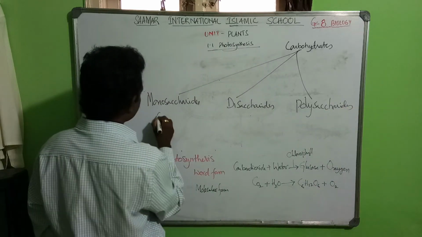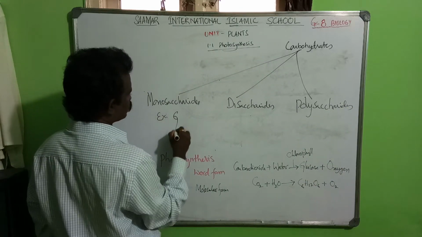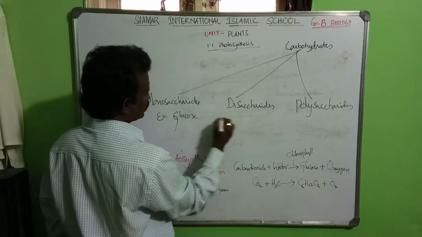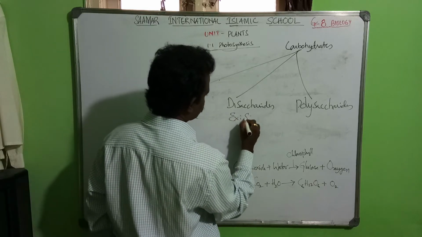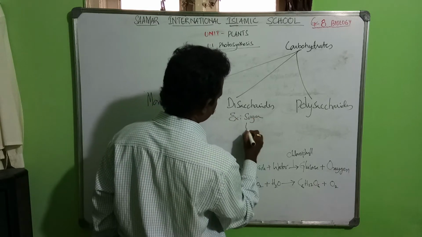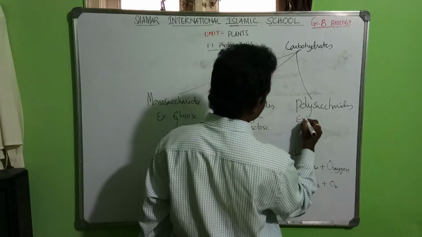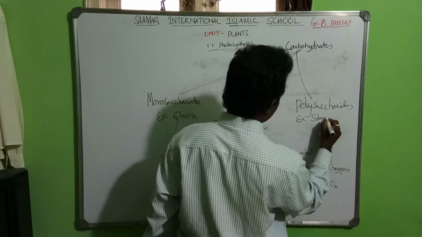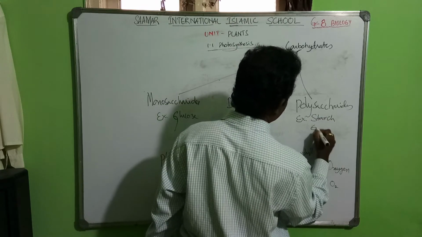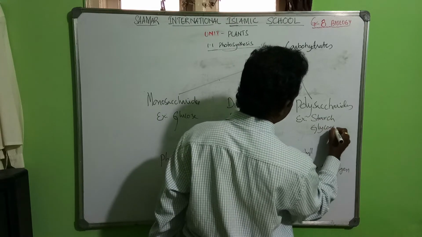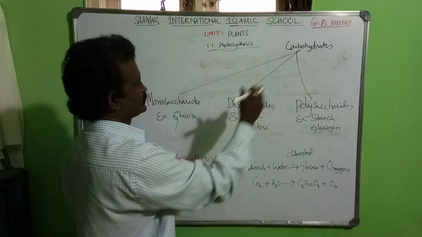Now, can you give me an example? Monosaccharide is glucose, disaccharide is sugar or lactose, and polysaccharide is starch and glycogen. So these are the examples for monosaccharide, disaccharide, and polysaccharide.